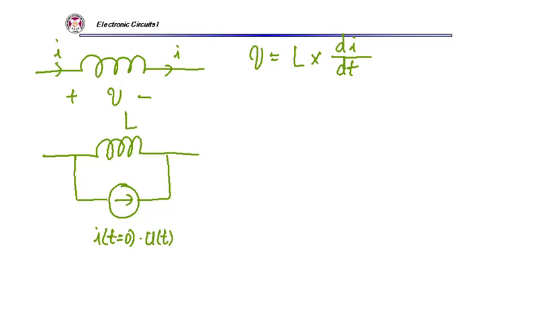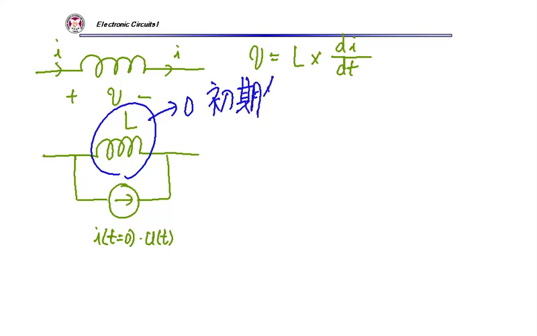This is intuitive. So this inductor L has zero initial condition, right? Zero initial condition. There is no current in this inductor at t equals 0, right?